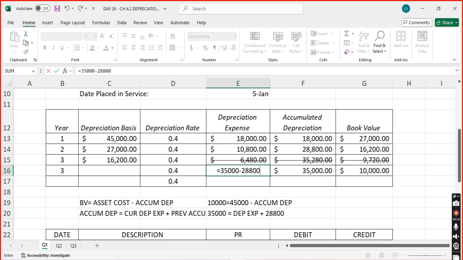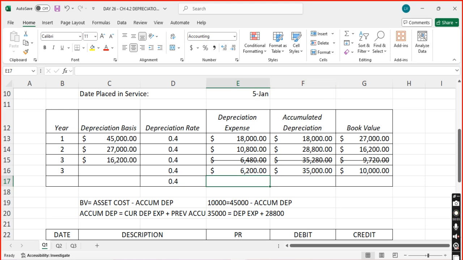So here, if I just solved that my accumulated depreciation was 35,000 and I know my previous year's was 28,800, what is my depreciation expense? 6,200. And that's what your third year is going to be.